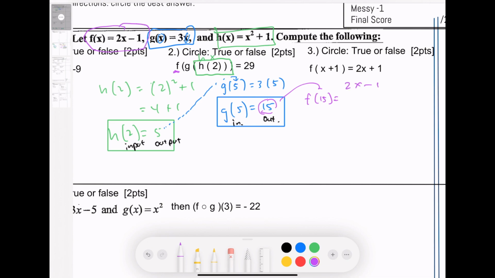So if you get stuck on that, you can just write it like that. 2 times 15 minus 1. 30 minus 1. I'm using PEMDAS to evaluate, so you get this as your answer. So the answer is 29. Do these match? Yes, they do. So that would be true.